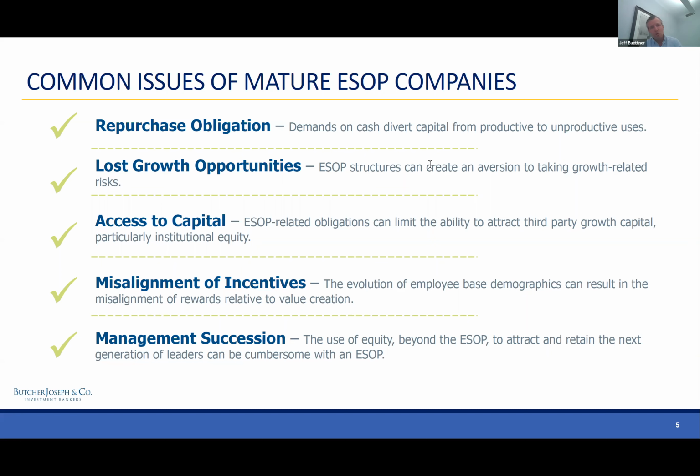And as you heard from David, there are some inherent constraints in attracting outside capital because of the inherent limitations of S corporations and ESOP ownership, the number of classes of stock you can have, and the shareholder eligibility criteria you can have.